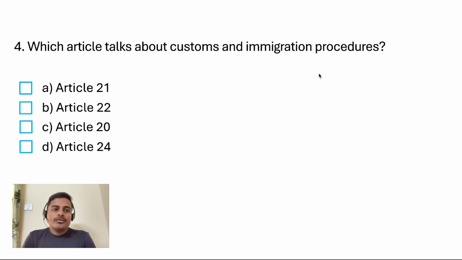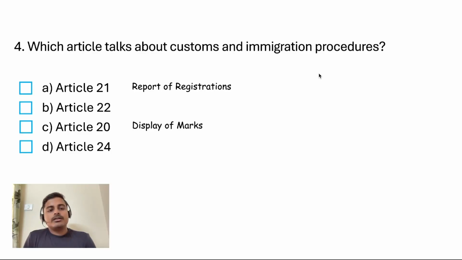Question number 4. Which article talks about customs and immigration procedures? As we discussed in the previous question, Article 21 talks about the report of registrations. Every country has to report the registration or deregistration of an aircraft to ICAO. That is discussed in Article 21.